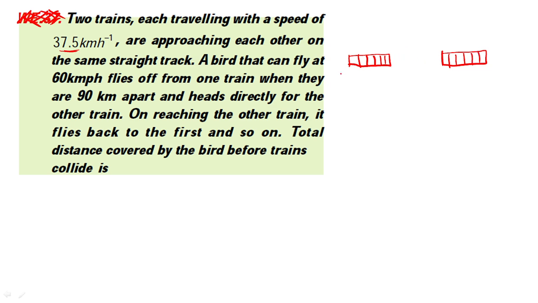Opposite means they are in different lanes. Idiots, in the same lane they'll hit, right? So they are a little bit opposite. Same track in the sense there may be some deviation in between. If they are on the same track, what happens to Nishant? Nishant will die, right? It collides, I know.